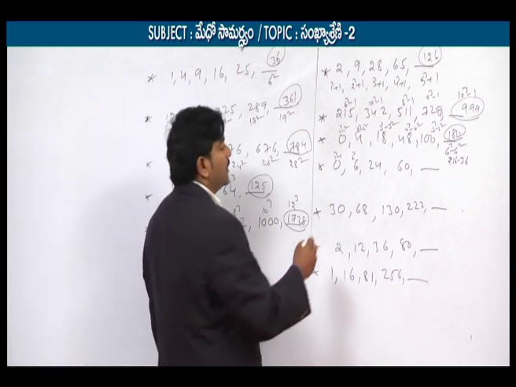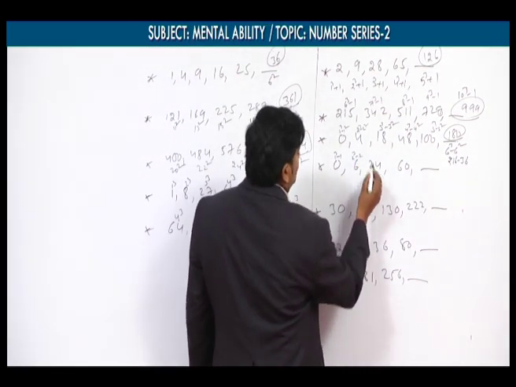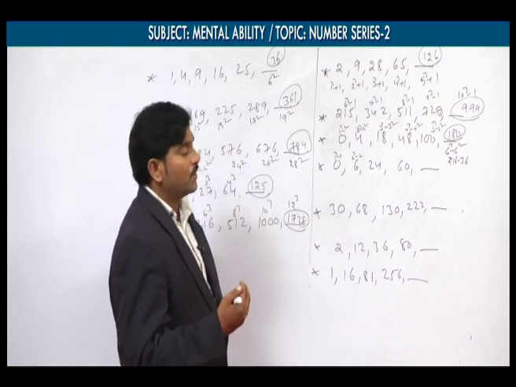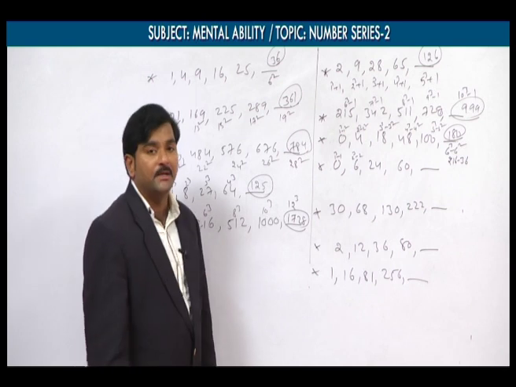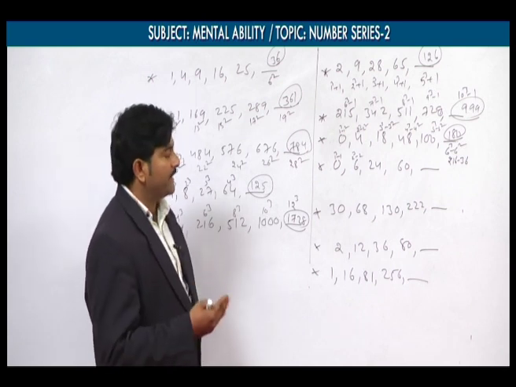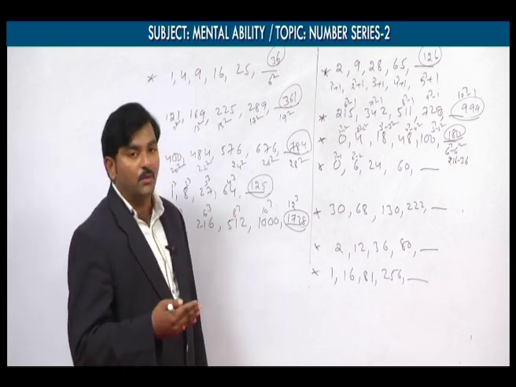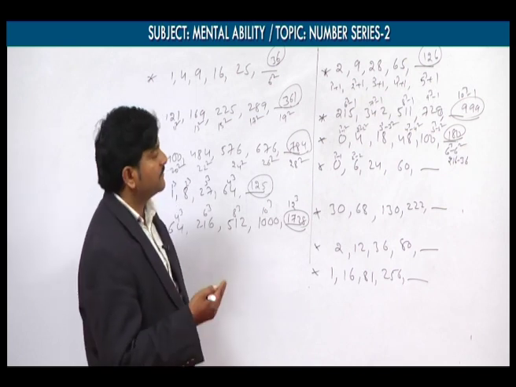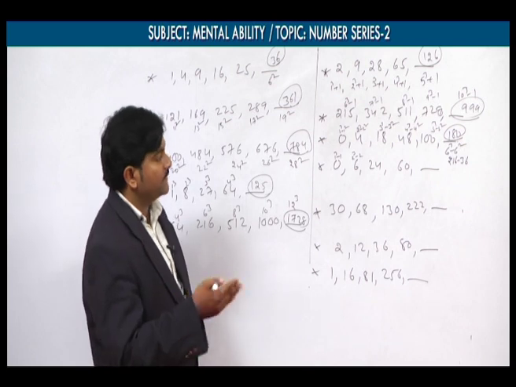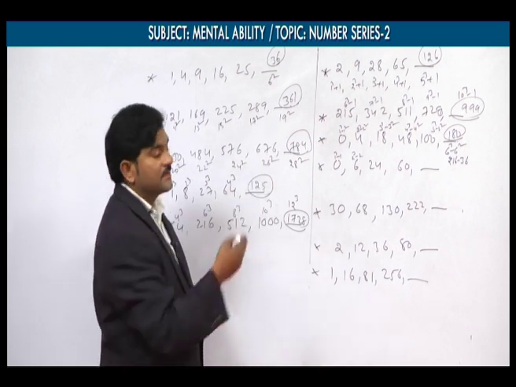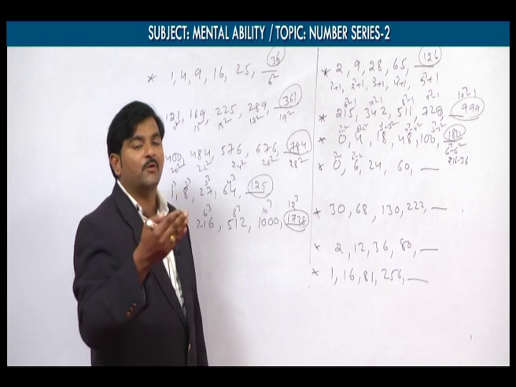What does it mean? 2 cube minus 2. 2 cube value is 8. 8 minus 2, how much? 6. Okay, satisfied. So here 1 cube minus 1, 2 cube minus 2. Next, what will we get? 3 cube minus 3, 4 cube minus 4. Yes, satisfied, because 60 can be expressed as 4 cube minus 4.